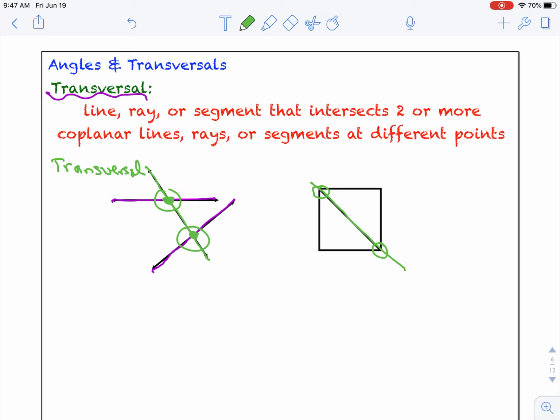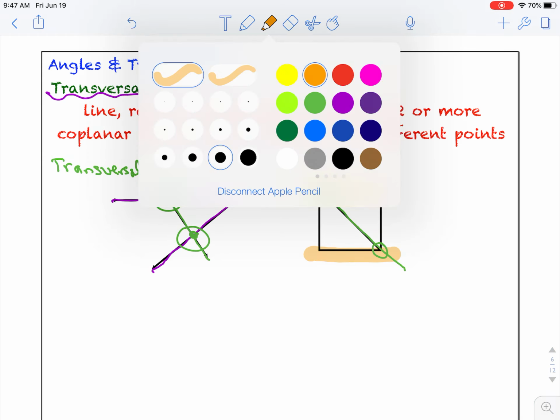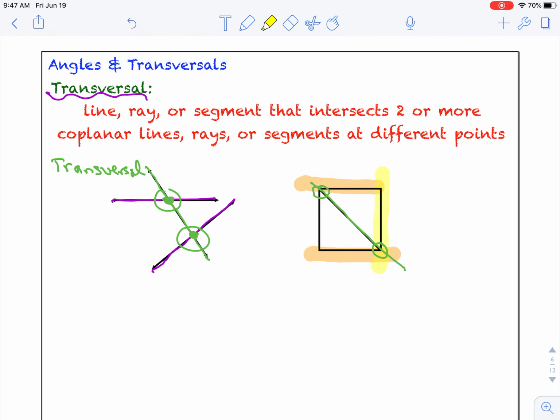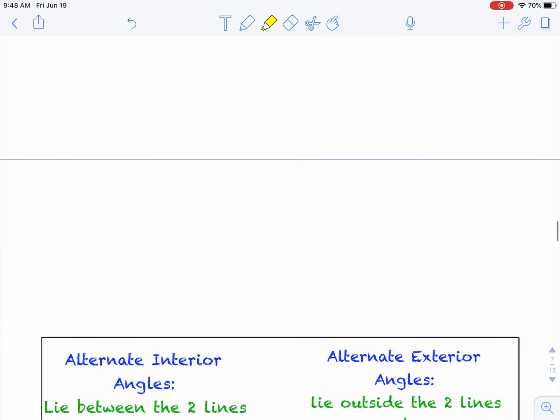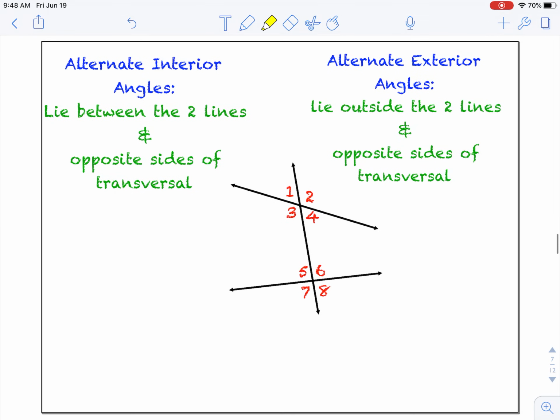Again, it's intersecting at a minimum of 2 different points. It's actually intersecting these 2 lines, and it's intersecting these 2 lines. And that is your transversal.